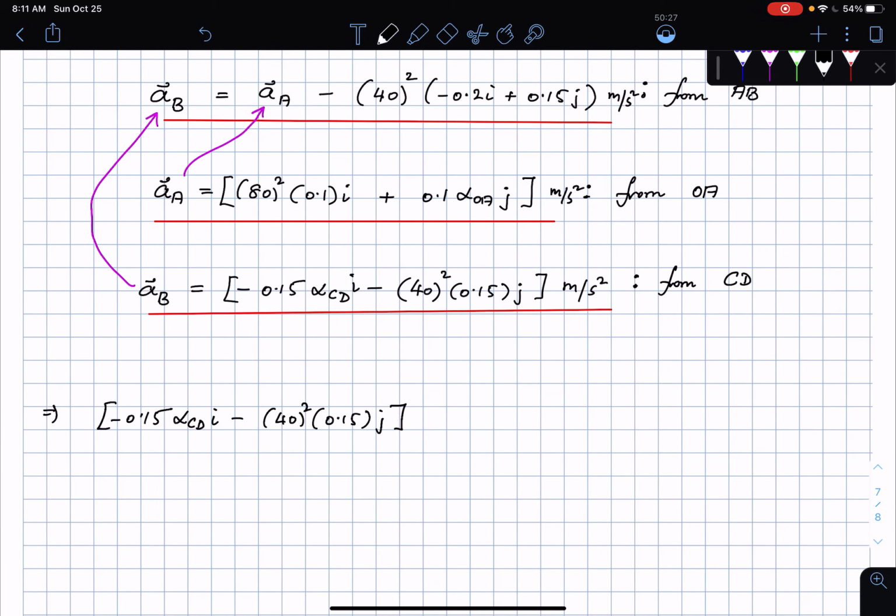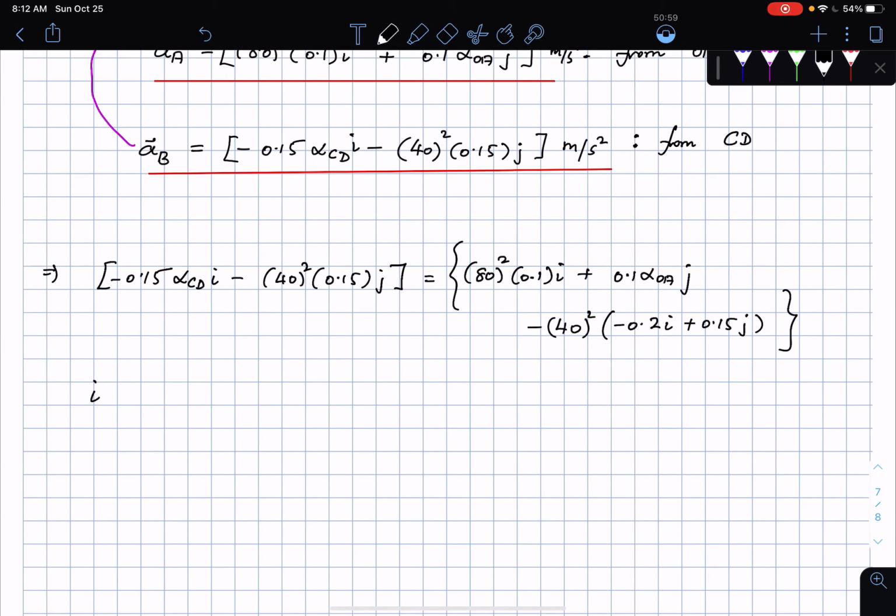So this is equal to, I'm going to start a huge bracket here, acceleration of A, which is 80 square times 0.1 I, and then 0.1 alpha OA J, minus 40 square times minus 0.2 I plus 0.15 J, close brackets. And then you know the rest of the story: take the I terms and the J terms and start equating them to each other.